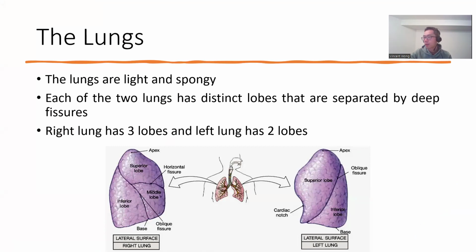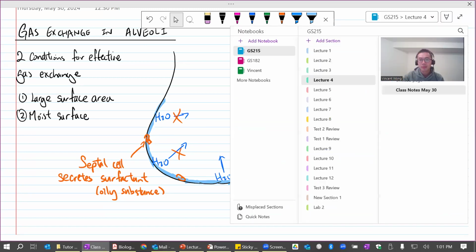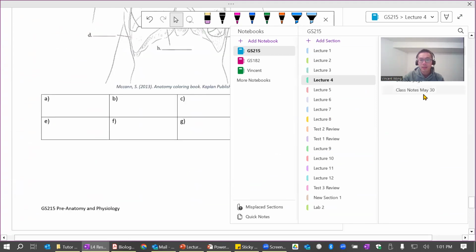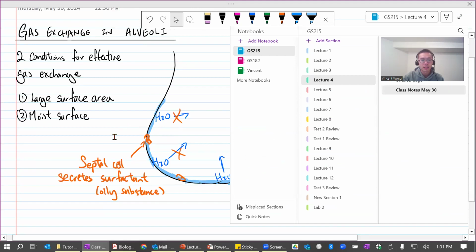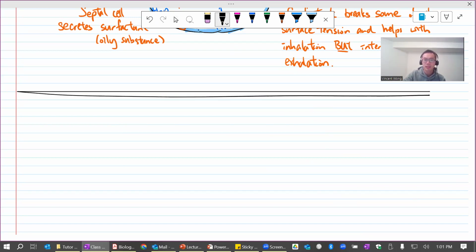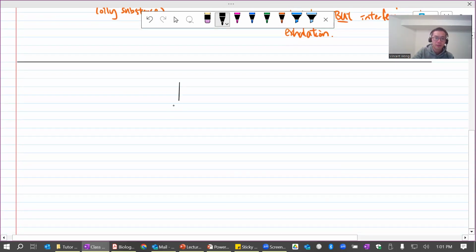Okay, let's talk about the lungs a little bit. And for that, let me see what's better. I think maybe it's better if we draw our own. Okay? I mean, yeah, there's the diagram, but there are some things I wanna tell you as well. Okay, so let's quickly draw the lungs. You have the trachea here.